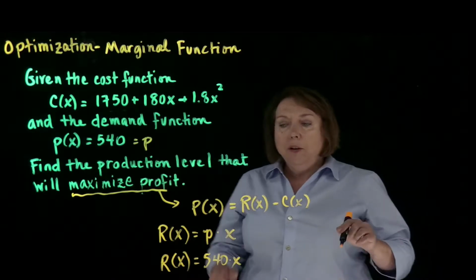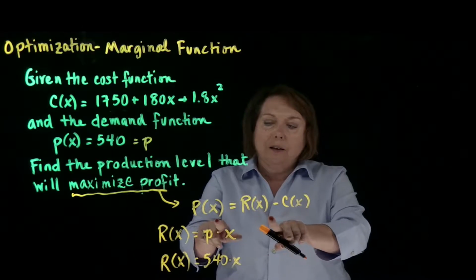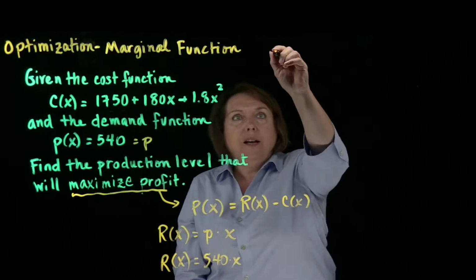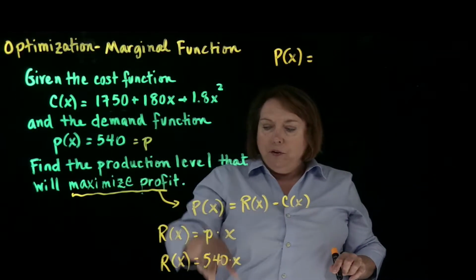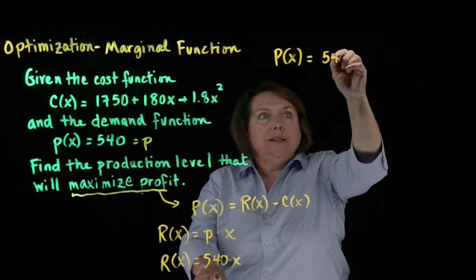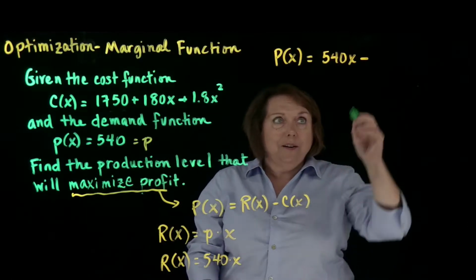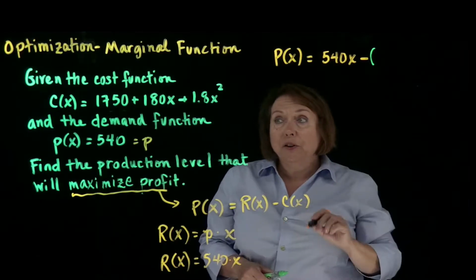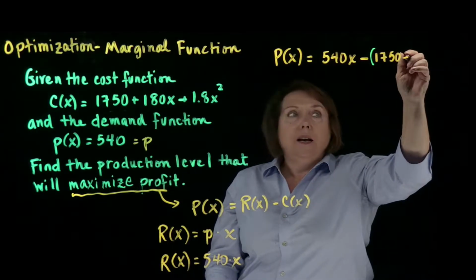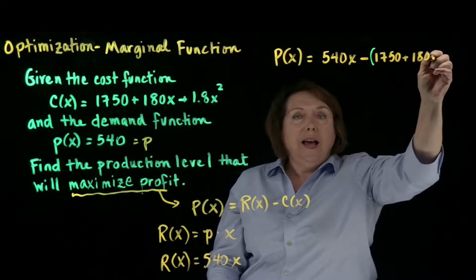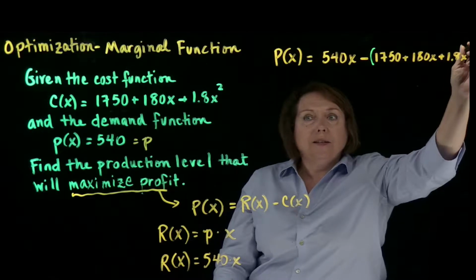All right, so now our goal is to come up with this profit function. So we want to compute p of x here. It's going to be my revenue, so 540x, minus my cost. Please understand here, we're subtracting every term in the cost: 1750 plus 180x plus 1.8x squared.